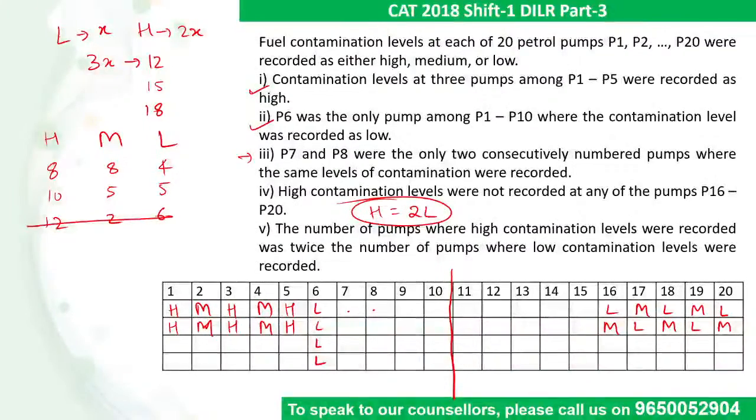Now I cannot have more than 8 high either, because in the last 5 I do not have high. So I'll have 8 high, 4 low and 8 medium. I'll have to sort out how to fill those high, low and mediums in this.